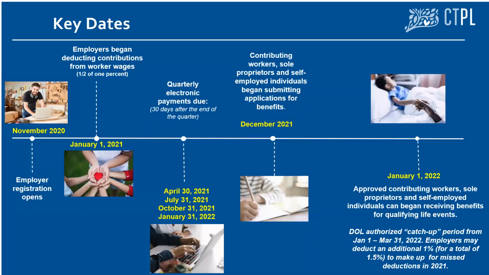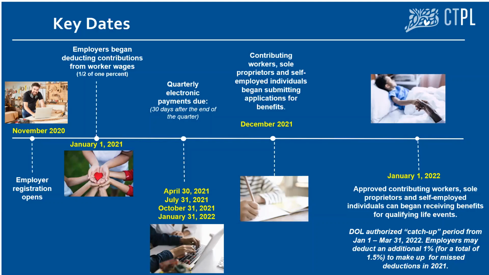Just some key dates looking back. In November of 2020, we opened our employer registration portal, and we have asked all businesses with 1 or more employees in the state of Connecticut who are covered by the program to register with us. These businesses deduct 0.5% from their worker wages, and we began taking those contributions in for first quarter of last year.